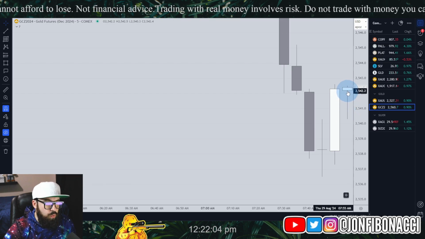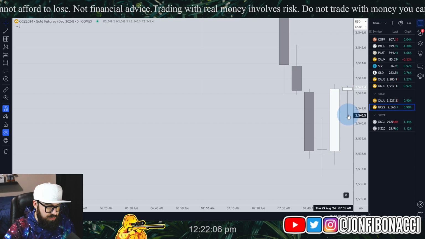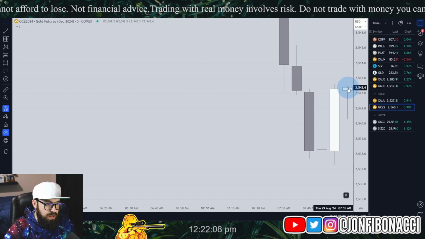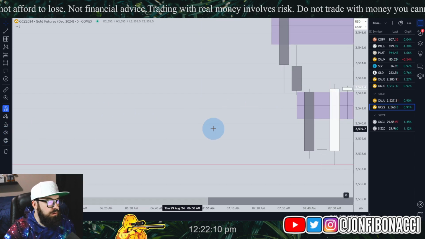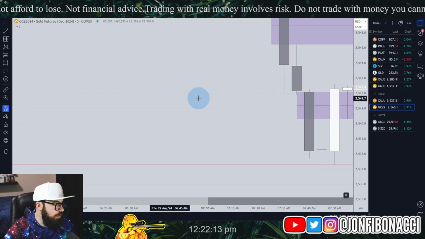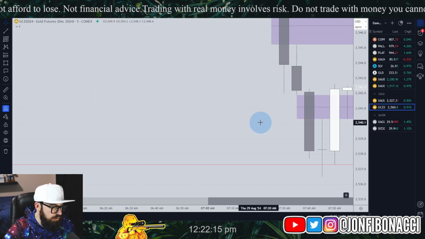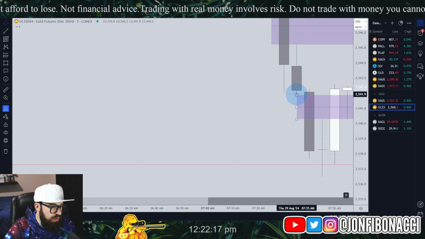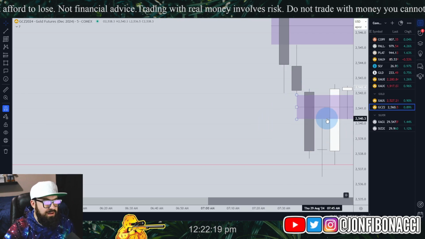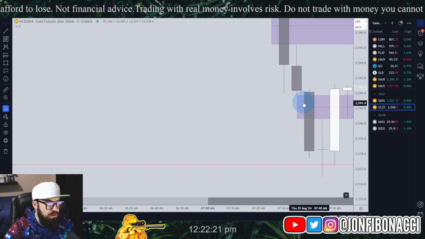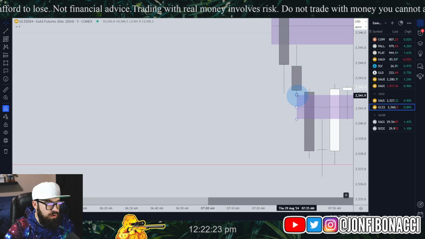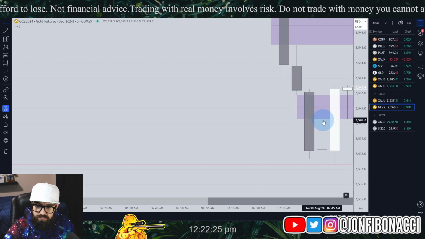Where does it stop and trade higher and close higher? Right here. Oh, that was off a little bit. The magnet tool kind of finessed me right there. It's supposed to be right there. Okay. So there is your inversion.